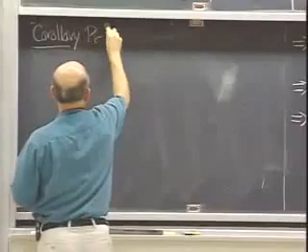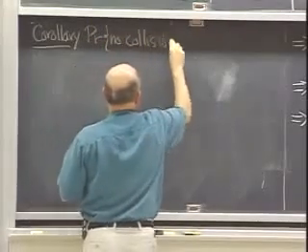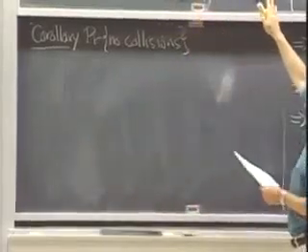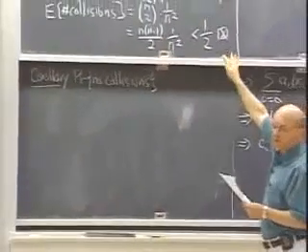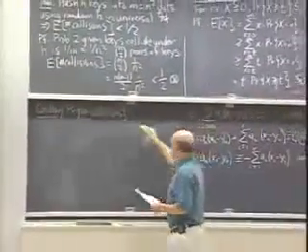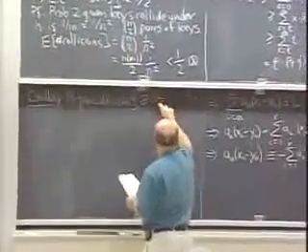So the probability now of no collisions, when I hash n keys into n squared slots using a universal hash function, I claim the probability of no collisions is greater than or equal to a half.